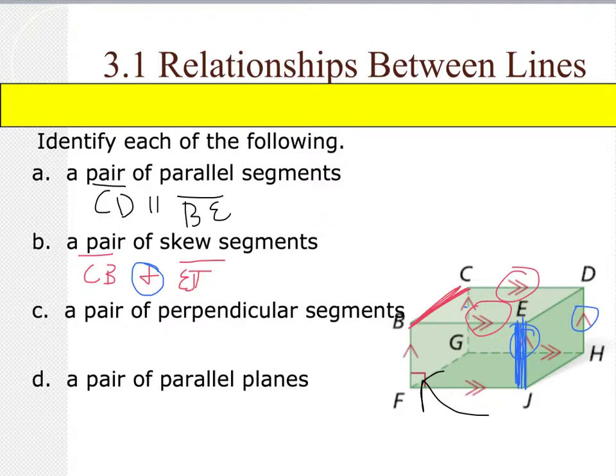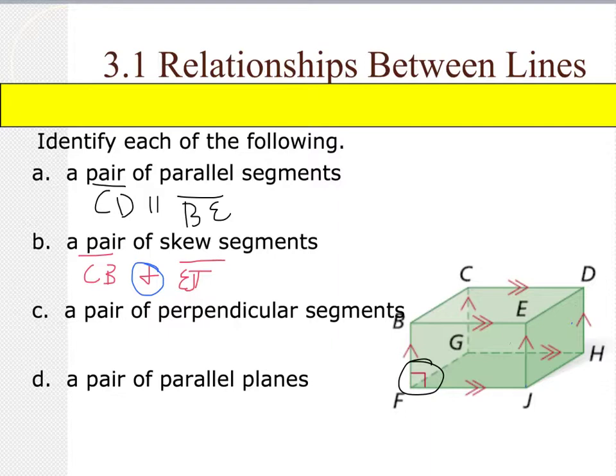Okay, perpendicular lines. Now looking at a pair of perpendicular lines. Perpendicular lines come together at what type of an angle? A 90-degree angle. And how do we label a 90-degree angle? We label it with a box, of course. But what type of angle would a 90-degree angle be?